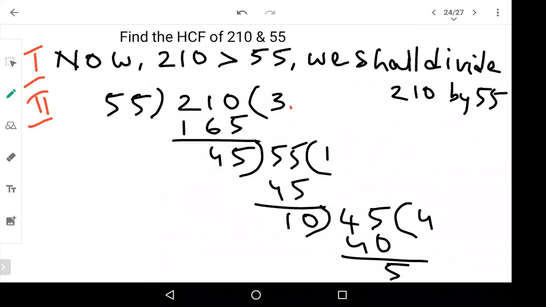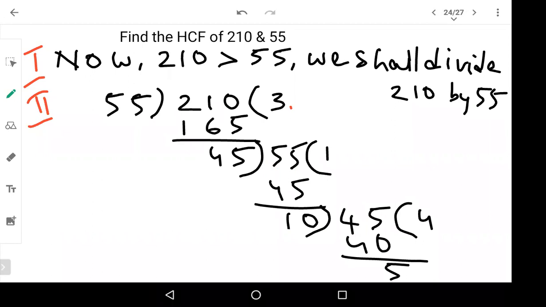Now, in the first step, we are supposed to identify which is the greater number and which is the lesser number. The greater number is 210. So, we take that in the center, and the lesser number is what we divide with. So, 55, 3s are 165. I get remainder as 45.